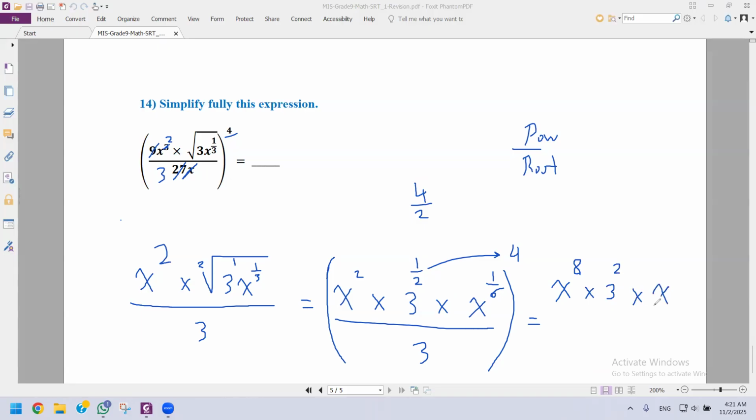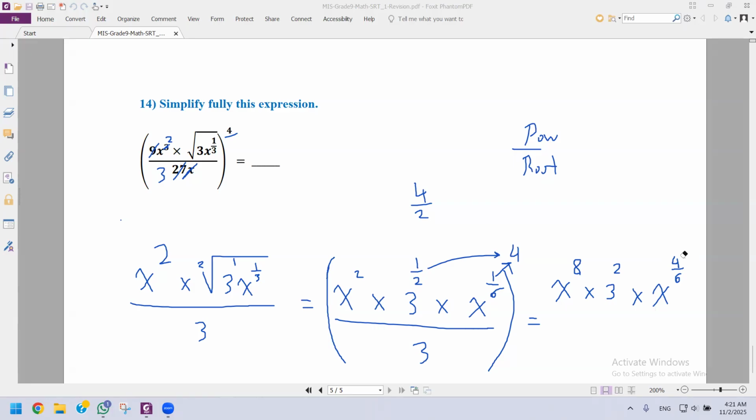Times x. Now 1 over 6 times 4 will be 4 over 6. Can I simplify 4 over 6? If you keep it, it's okay, but if you simplify it, it's better. 4 and 6, both of them can be divided by 2.